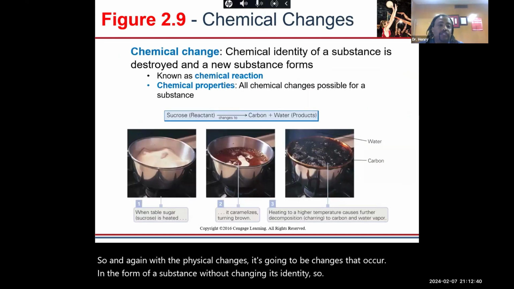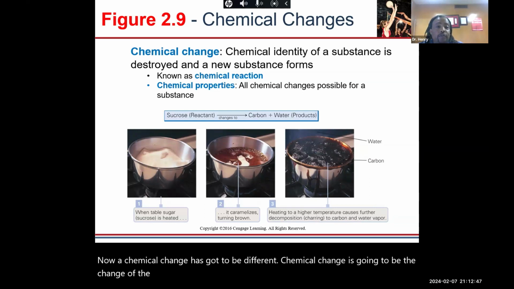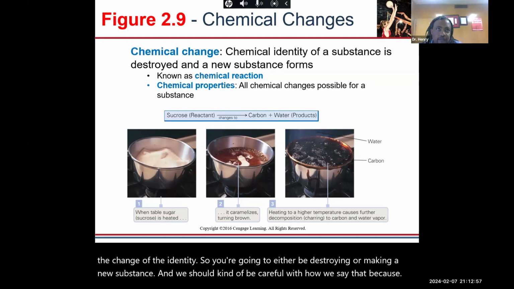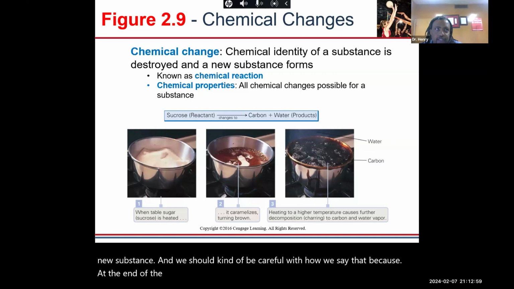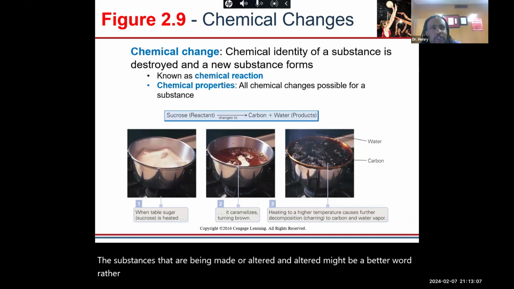Now a chemical change is going to be different. A chemical change is going to be a change of the identity. So you're going to either be destroying or making a new substance. And we should be careful with how we say that, because at the end of the day, the substances that are being made or altered, and altered might be a better word rather than destroyed, you're not truly destroying it.